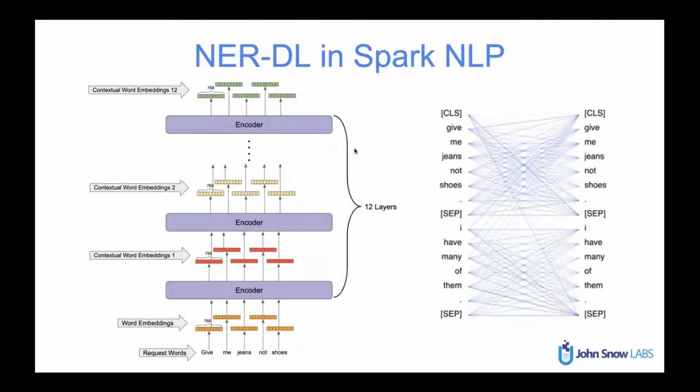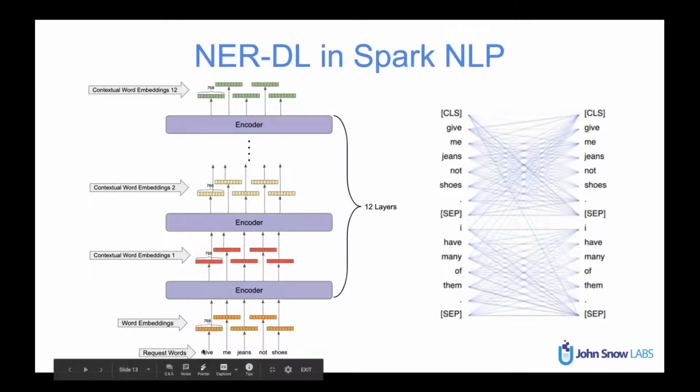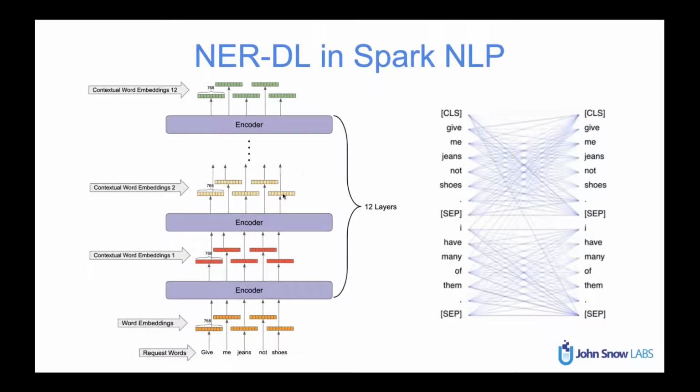So this is the inner workings of BERT. We have the words, like a sentence, and the tokens here, and then we convert them to word embeddings, and then we use the encoder architecture, and we stack all the layers on top of each other and train. So unlike other word embeddings, the BERT embedding for a token depends on the context.